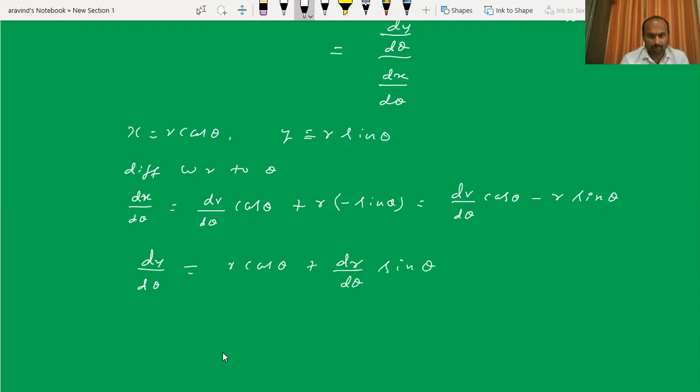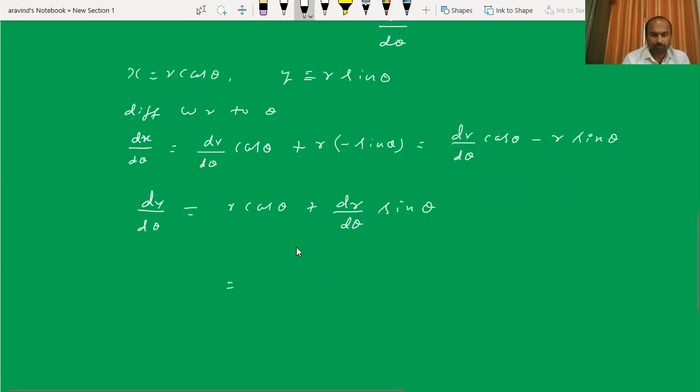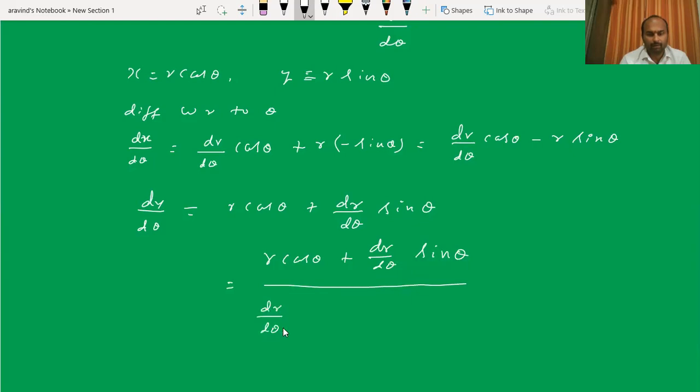Now substitute these in the above equation. So what we will get is r cos theta plus dr by d theta sin theta, divided by dr by d theta cos theta minus r sin theta.